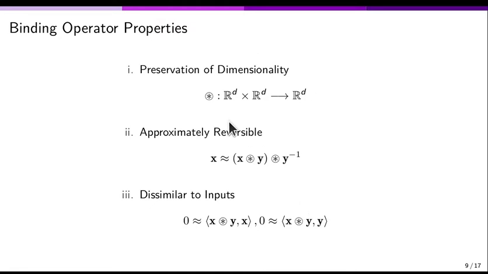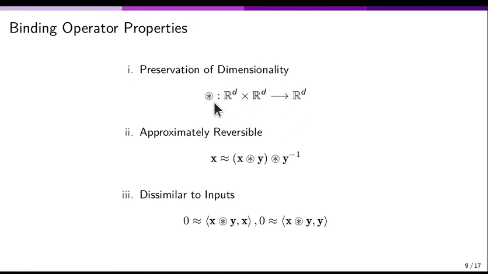So I want a binding operator, some mathematical operation, where I can take a vector that represents blue and a vector that represents square, combine them together, and get a new vector of the same dimensionality as these two. The reason I want the same dimensionality is that I don't want explosive growth, where the more complex I make things, the larger and larger the vectors I need to represent. So I want that operation.